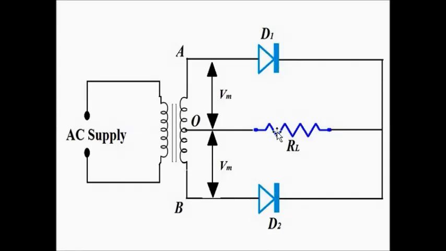During any half cycle, only one of the diodes is on, so only that much of the voltage involved in the particular closed loop is utilized. The entire secondary winding voltage is not used. So that is another disadvantage of the center tap full wave rectifier.